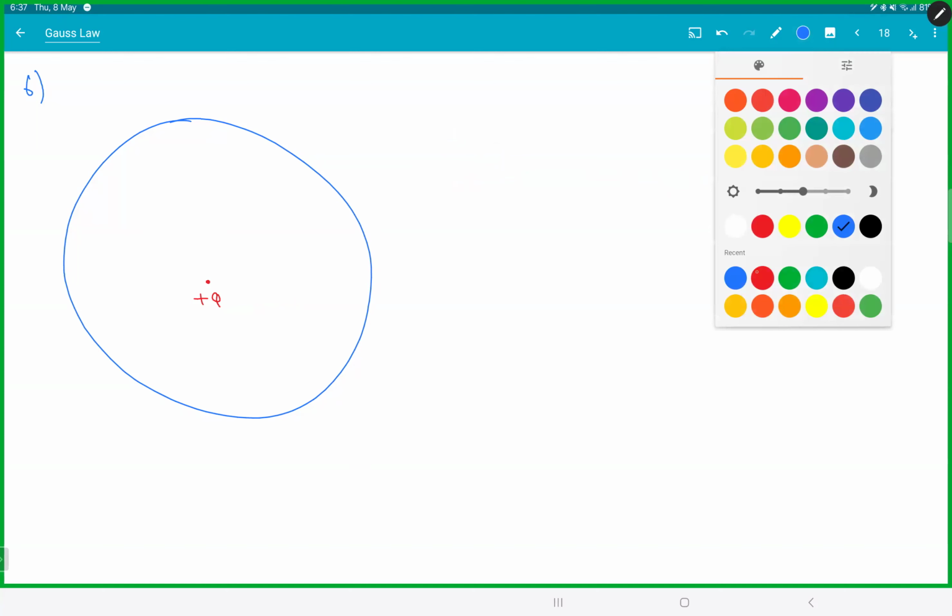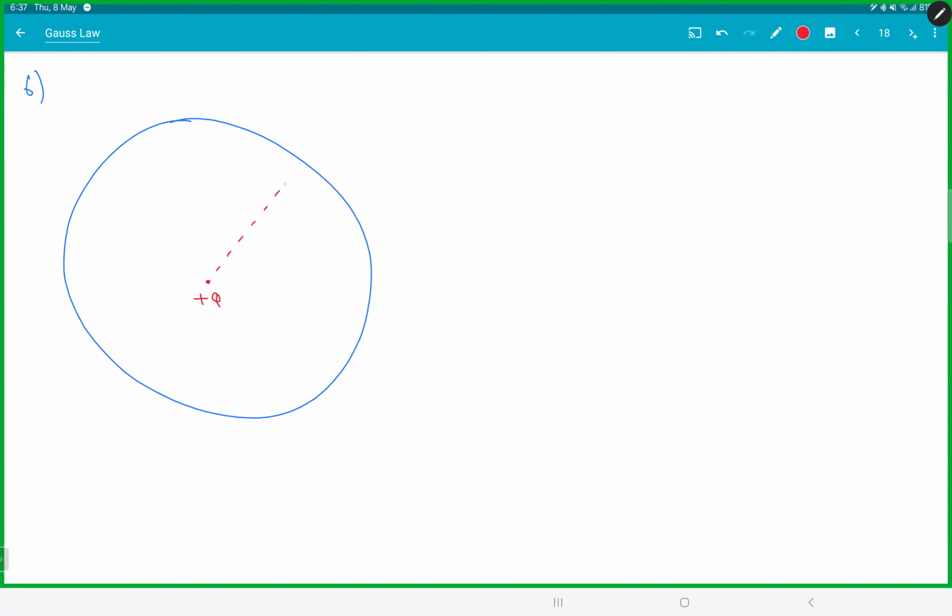From the center, if you take any point, this is the direction of field, and this is also the direction of area vector. They're always parallel. E bar is parallel to dA bar at all points. Just now we did that. Therefore, flux will be integral E bar dot dA bar, which is E dA cos 0.